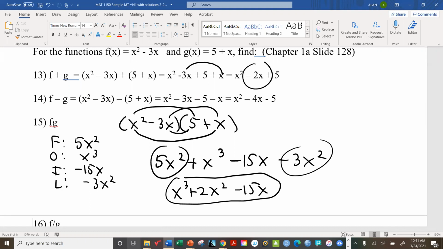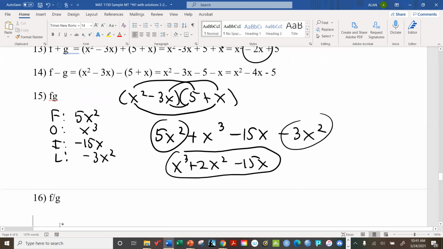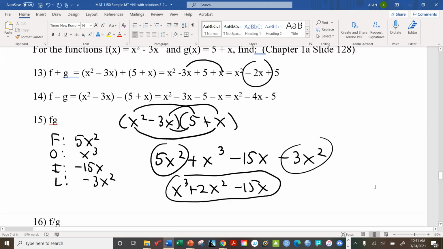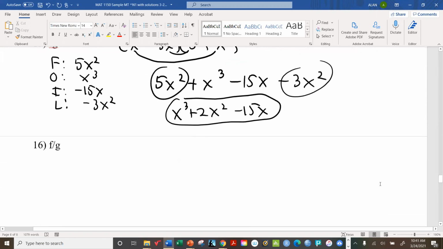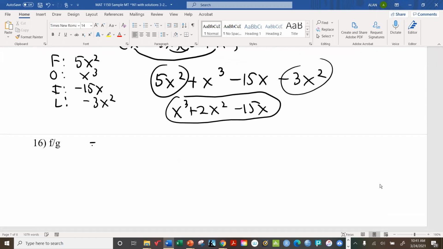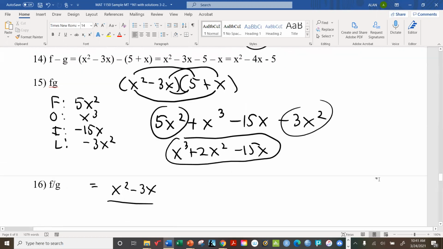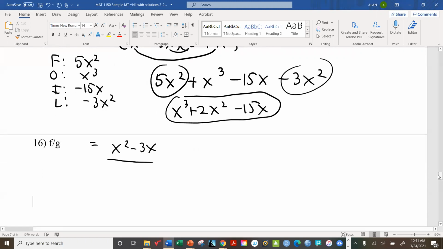All right, now the last one is a ratio. In this case, we've got f of x is x squared minus 3x, and g of x is 5 plus x. There isn't really any way of simplifying this.